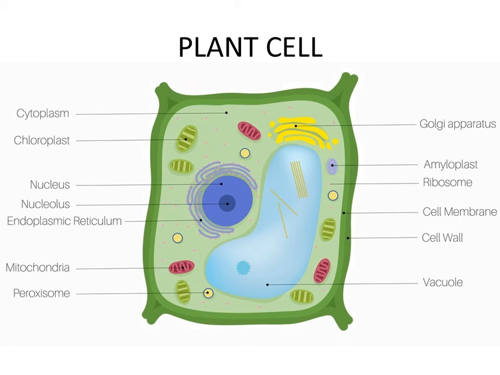In addition, and unlike in an animal cell, plant cells have chloroplasts or plastids. Chloroplasts are the sites where food is synthesized in a plant cell by photosynthesis. They carry the green pigment, that is the chlorophyll.